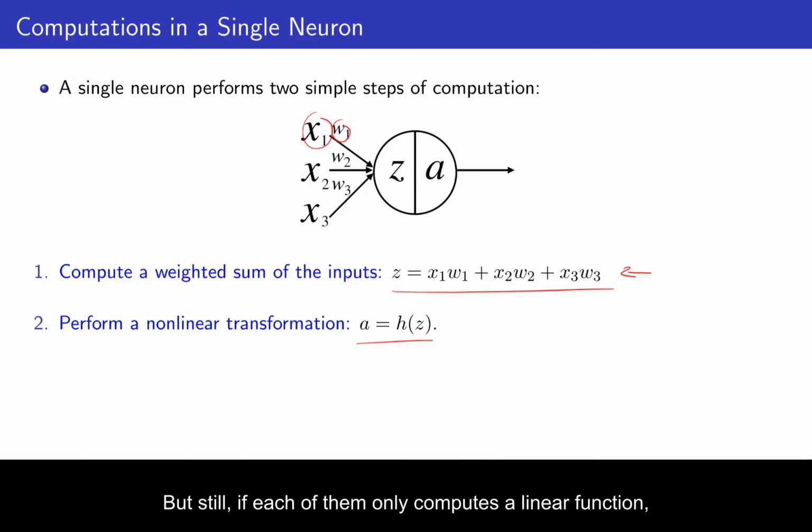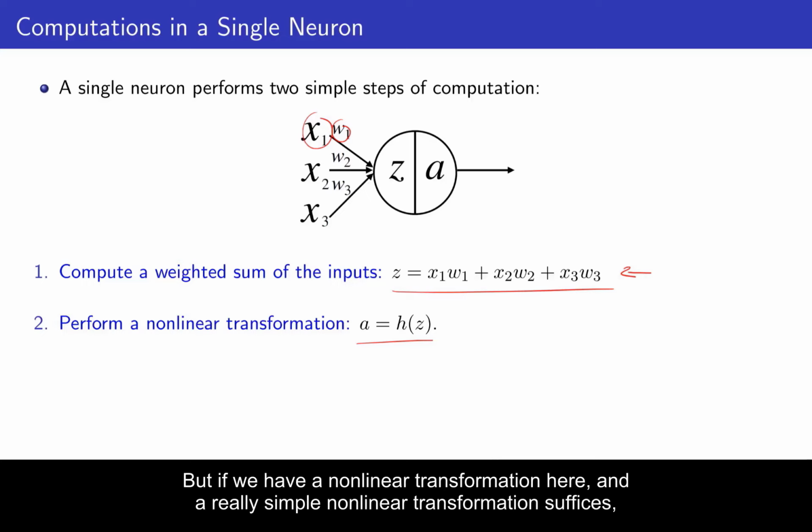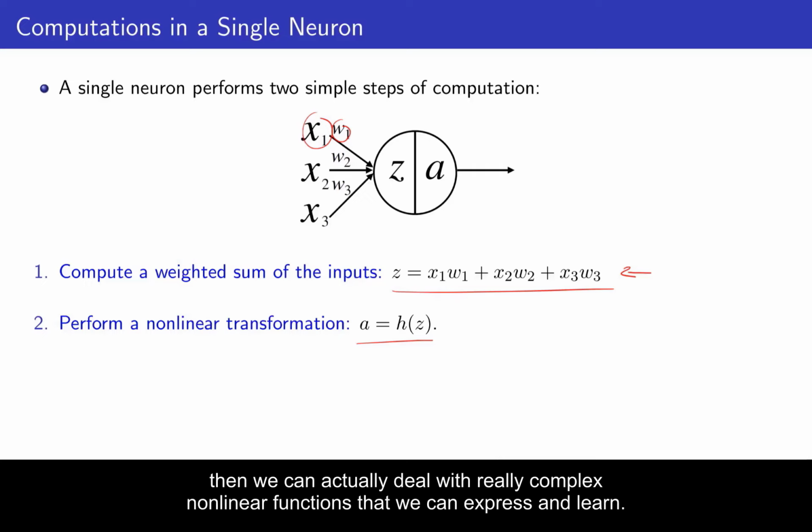Still, if each of them only computes a linear function, then this combination of linear functions would still be a linear function, and we wouldn't actually be able to express a nonlinear function. But if we have a nonlinear transformation here, and a really simple nonlinear transformation suffices, then we can actually deal with really complex nonlinear functions that we can express and learn.